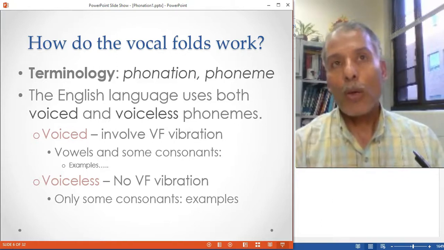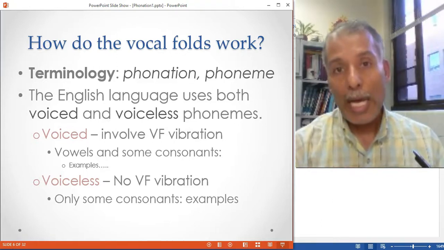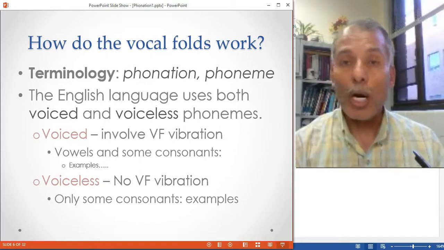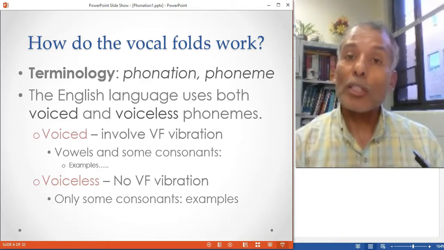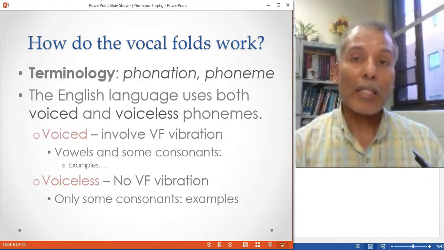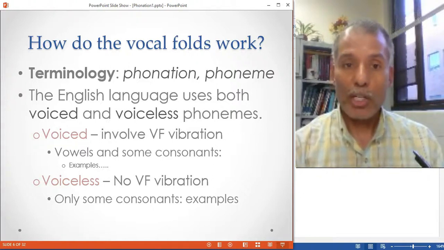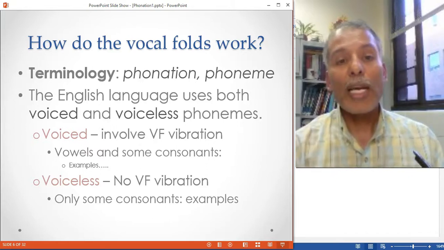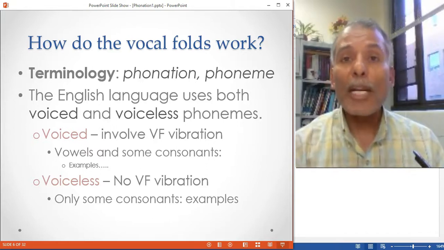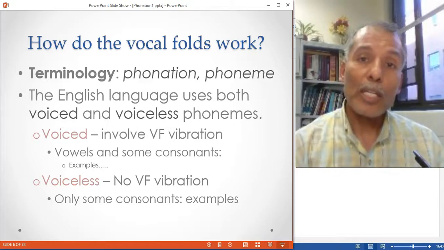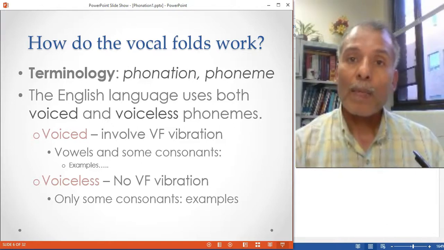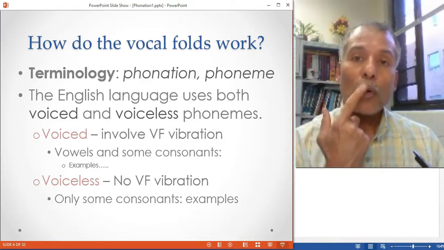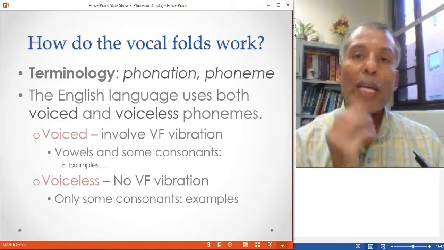So now we have voiced sounds. All vowels are voiced sounds. And then some of the consonants are voiceless sounds, no vocal fold vibration. And then the third category is a combination of sounds. They are a combination of consonants that have both vocal fold vibration and noise from the oral cavity.